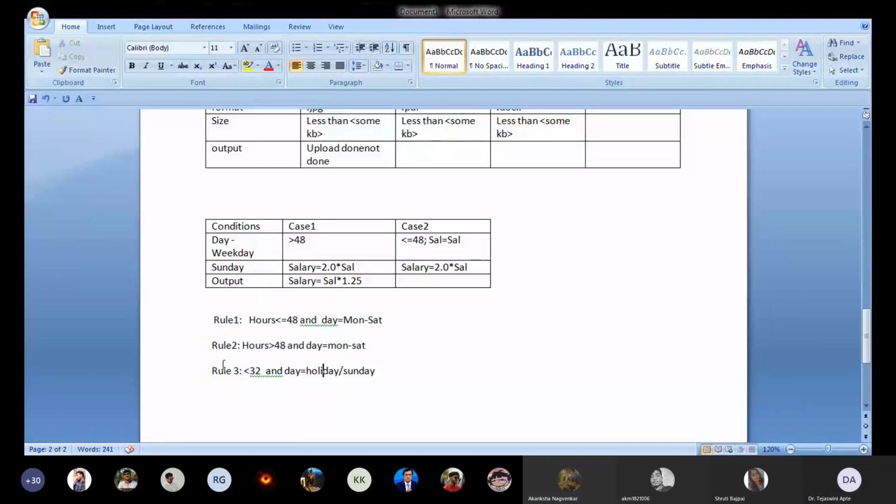Rule 3 is with respect to holiday and Sunday. The question is telling you that on holidays or Sunday the hours are calculated at the rate of 2.00 times of salary. In a day you have 8 hours as the working hours, and I have 4 Sundays in a month.